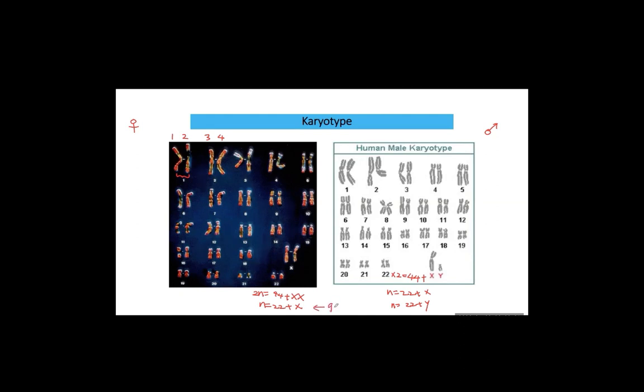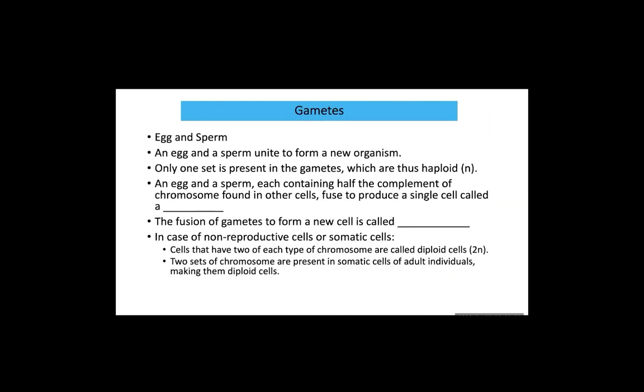Gametes. So gamete indicates egg, oocyte, and sperm. When oocyte and sperm fuse together, it generates a new organism.